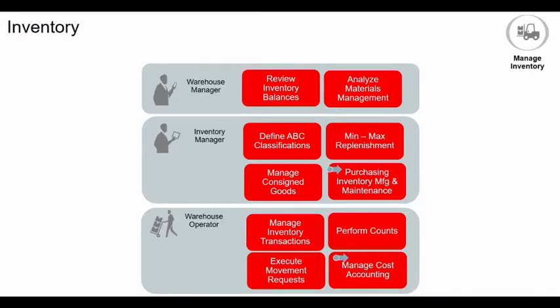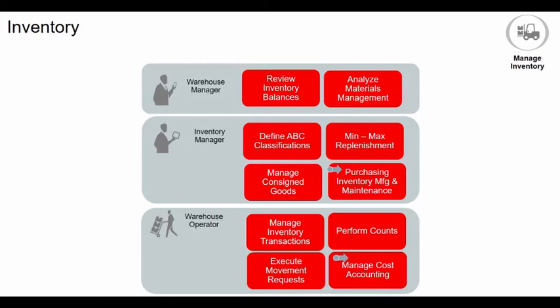From an inventory perspective, again, this time we have a warehouse manager, an inventory manager, and maybe at ground level, the warehouse operator. And you can see some of the types of activities that various layers of individuals have at their disposal. So the warehouse manager may be looking at a big picture review of inventory balances and high-level analysis.